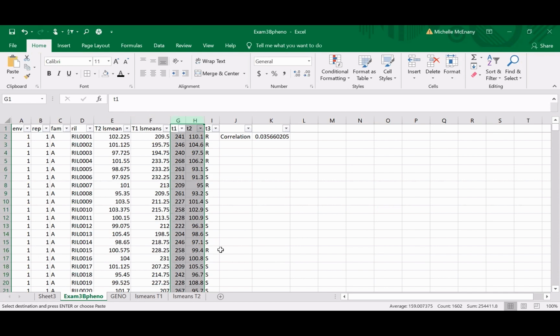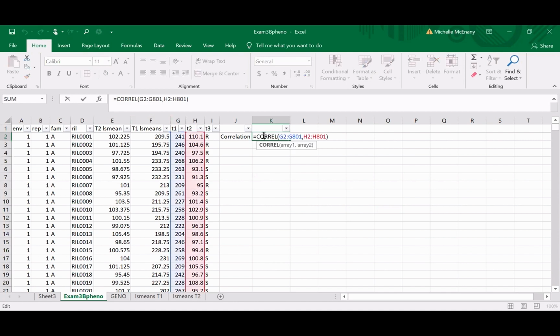Did I screw up? Hold on for a sec. What the heck? The T1 predicted GV that came right out of R. Oh, I'm sorry, Michelle.